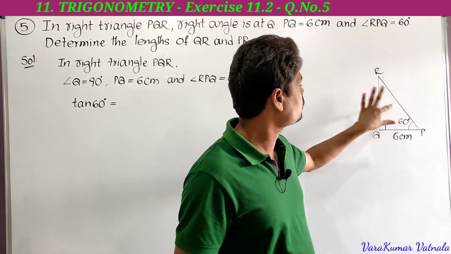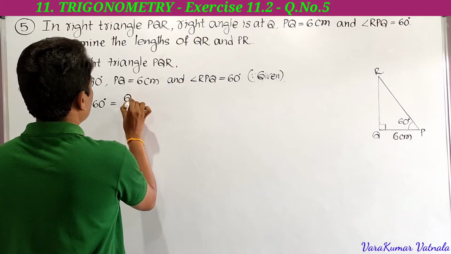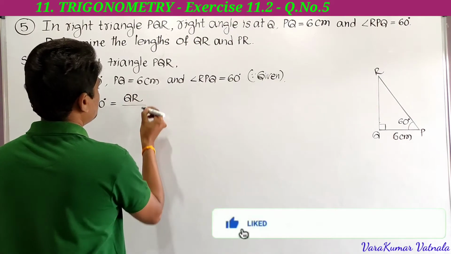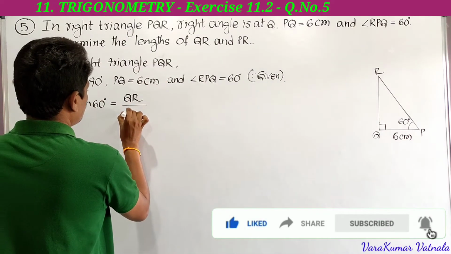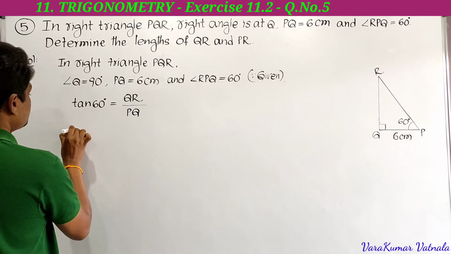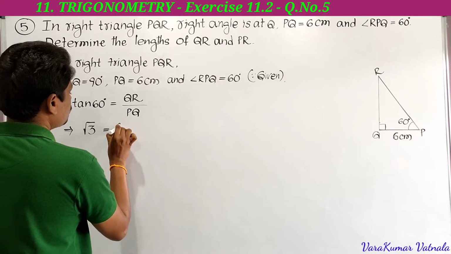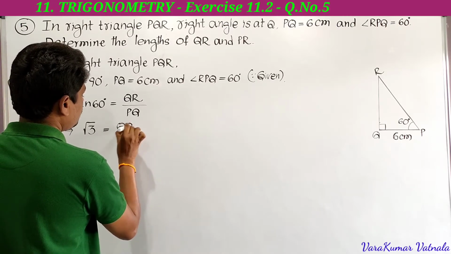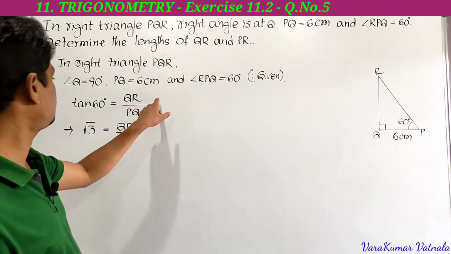The opposite side to 60 degrees is QR, and the adjacent side to 60 degrees is PQ. So QR divided by PQ. We have tan 60, which is root 3, equals QR divided by PQ, whose value is 6 centimeters, as he has given.